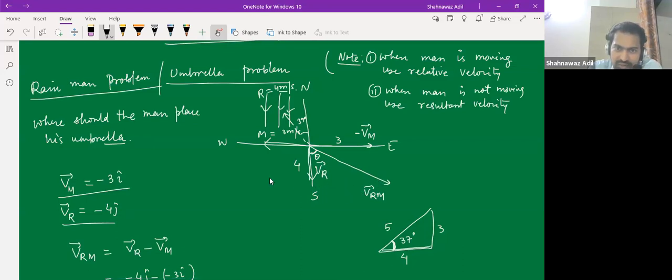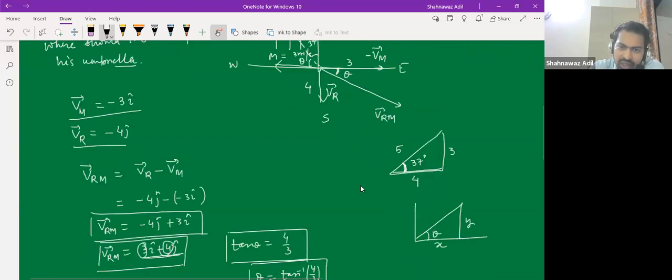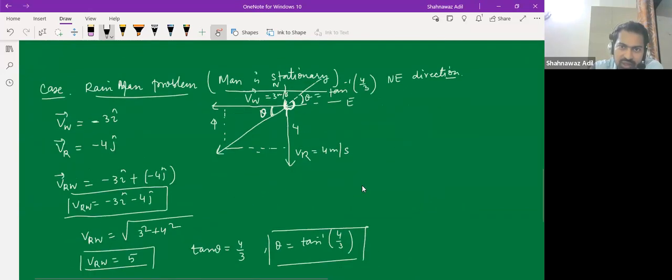And when we calculate from the vertical, this would be the other theta. So this is my theta. Okay, please note down this part.